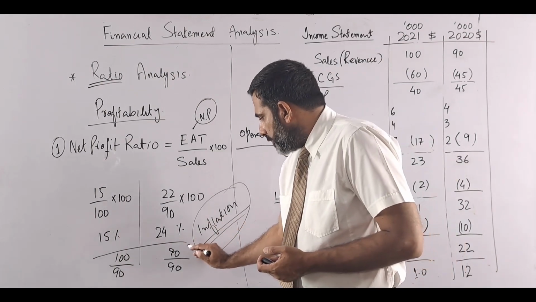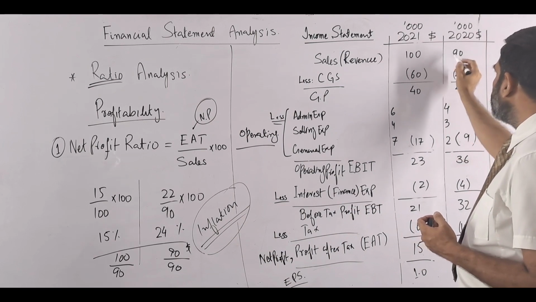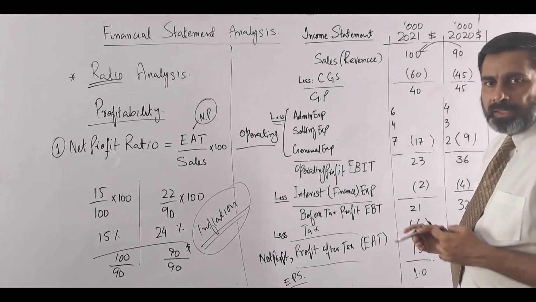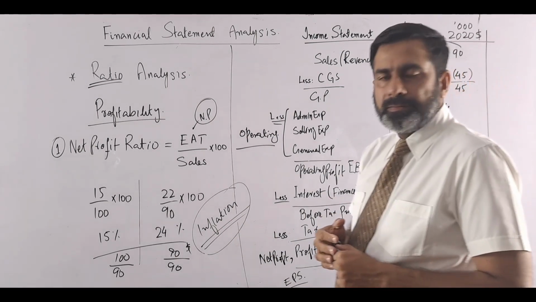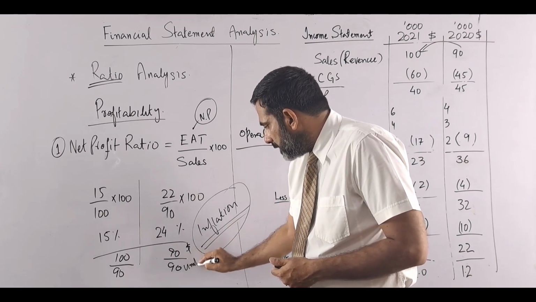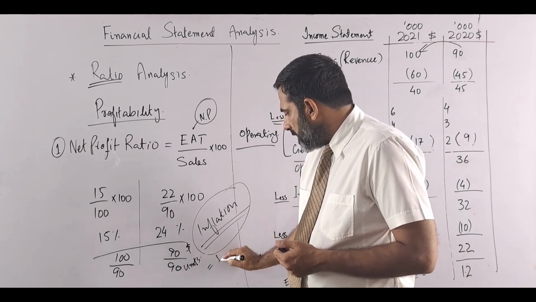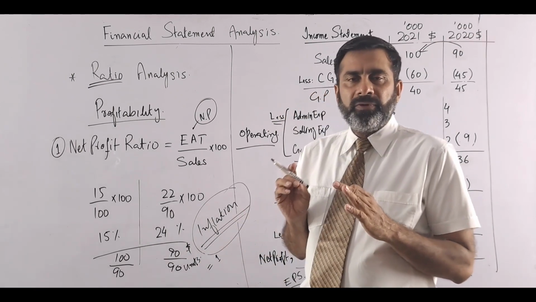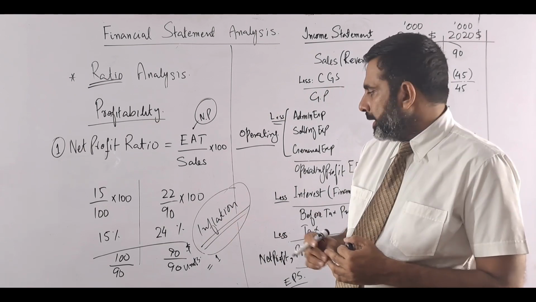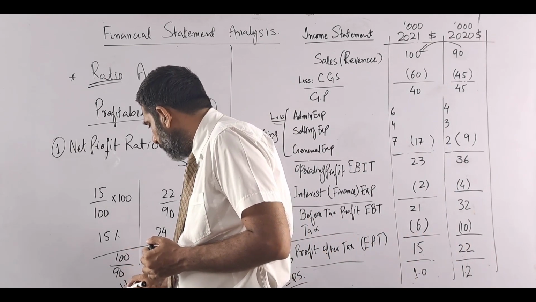The dollar amount increased, the sale improved from 90 to 100. But if we look at the units, these are what? These are the units. So it means the price was almost $1 for 1 unit last year. And if we look at this, the answer will be almost 1.1.